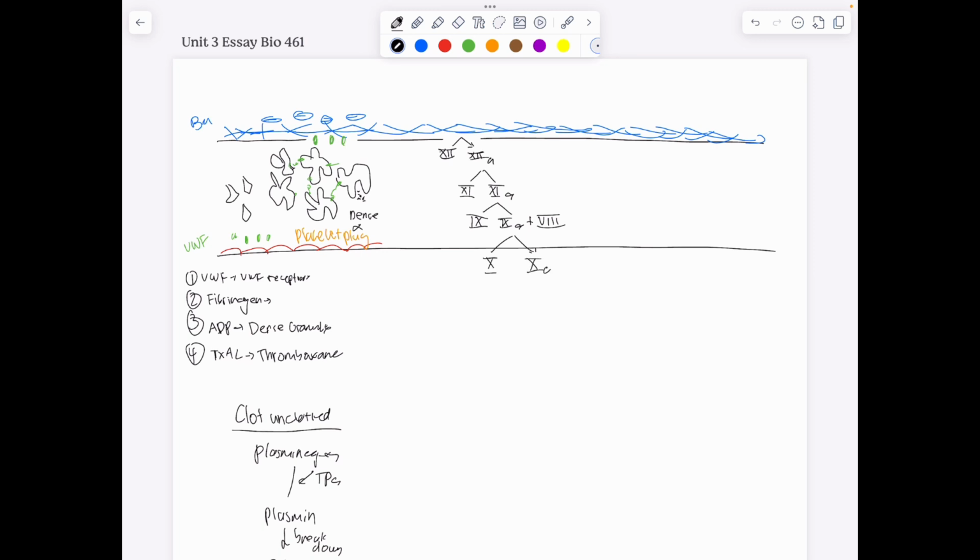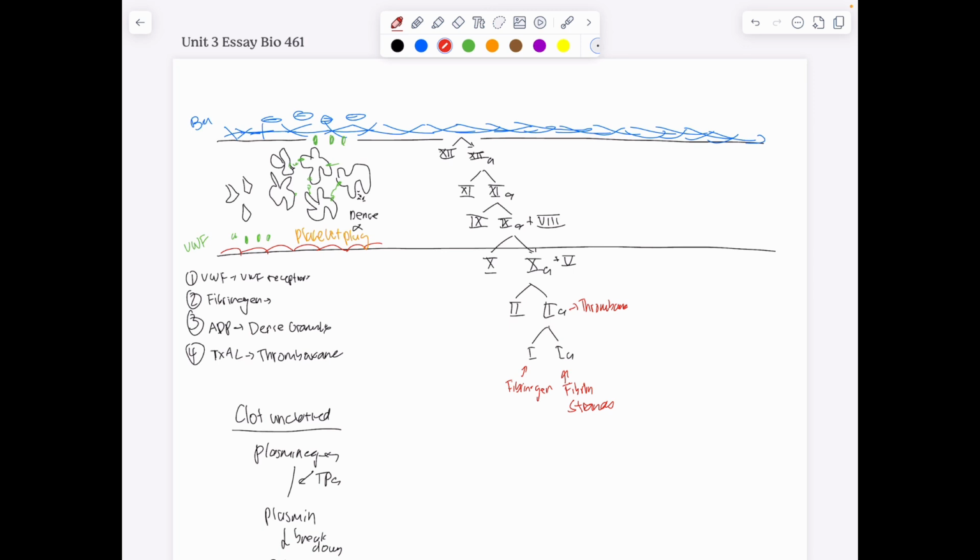Then we got 10A, and if we have a cofactor 5, then we get 2, then 2A, and then 1 and 1A. This is our thrombin. This is our fibrinogen, and this is our fibrin strands.